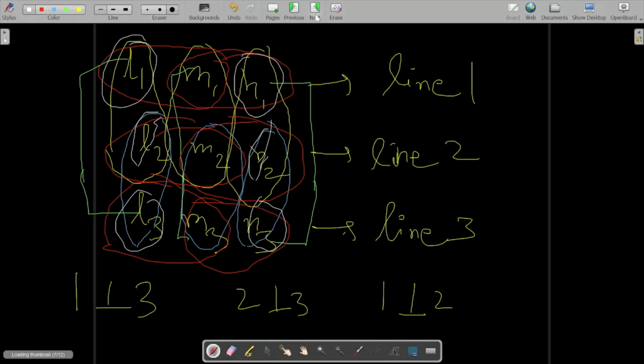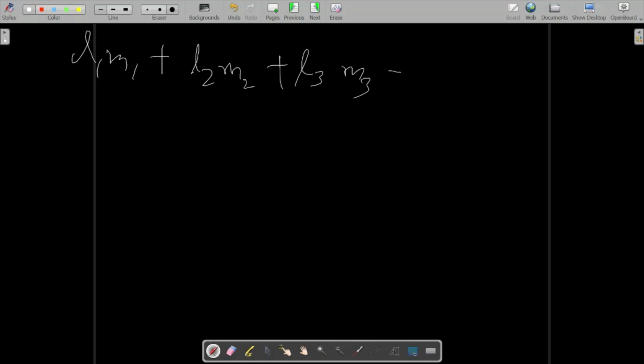So my other equations will look something like this: L1 M1 plus L2 M2, this is also by the orthogonality condition of lines, the orthogonal lines property.